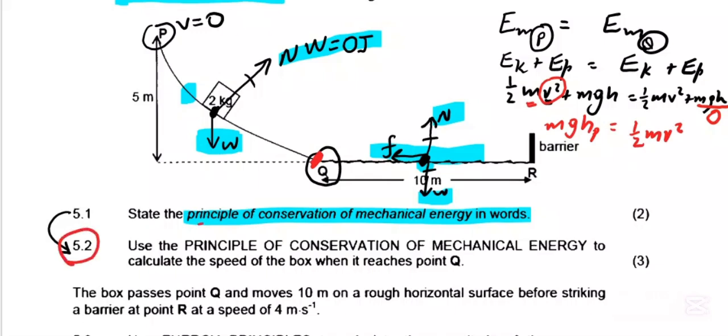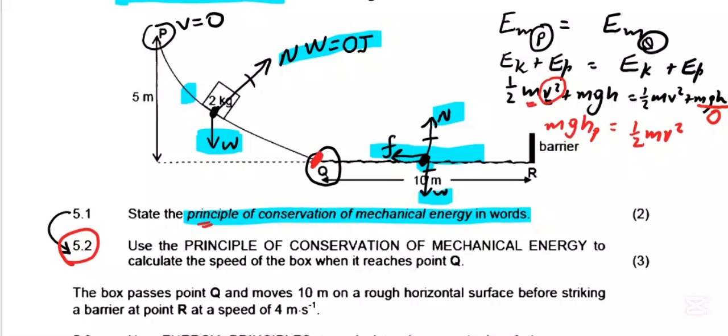Now let's go to question number 2. Remember, in question number 1, we stated the principle: in an isolated system, the total mechanical energy is conserved. A system is isolated if there are no external forces like friction, tension, applied force, and others.